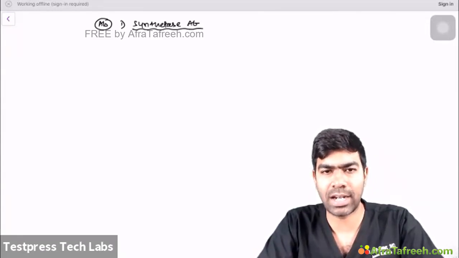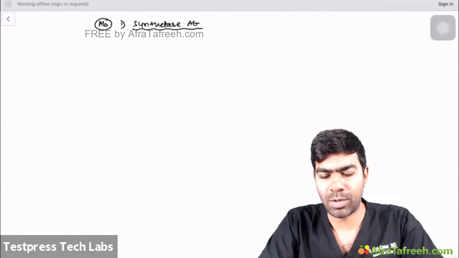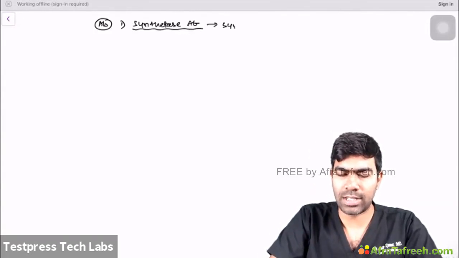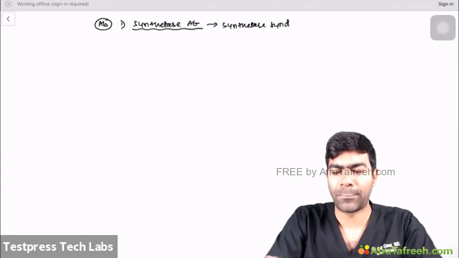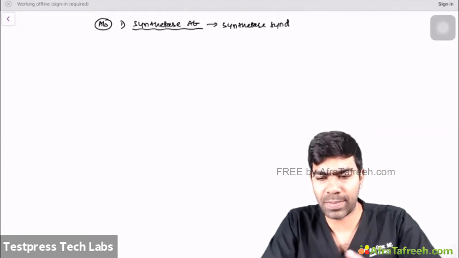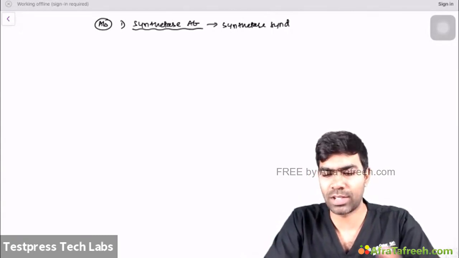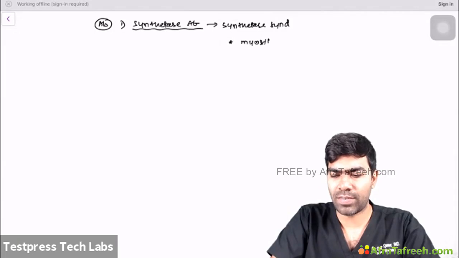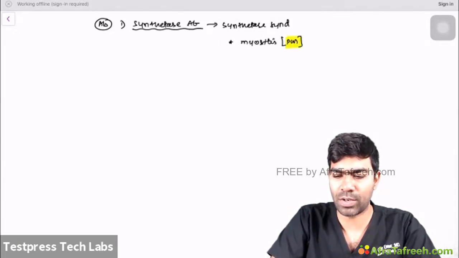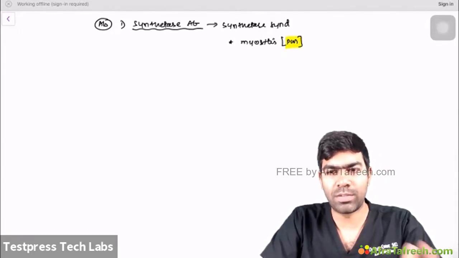As far as the synthetase antibodies are concerned, they produce a group of syndromes called synthetase syndrome. There are some specific clinical findings that happen in the setting of synthetase syndrome. For example, they can result in myositis. In fact, the myositis will be a little severe, and most of them will be of a polymyositis phenotype. So you can ask me how it is polymyositis, dermatomyositis.